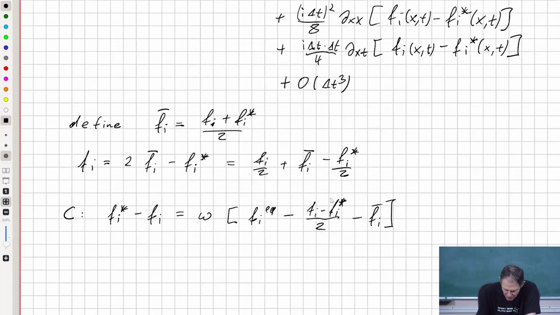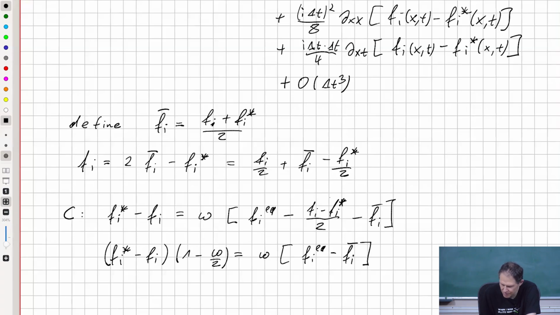So what we do is we bring it to the left-hand side, which gives us 1 minus omega over 2, which is omega times fi equilibrium minus fi over bar. So I took this to the other side, and then I like to have this again standing alone. So I bring it back to the other side.